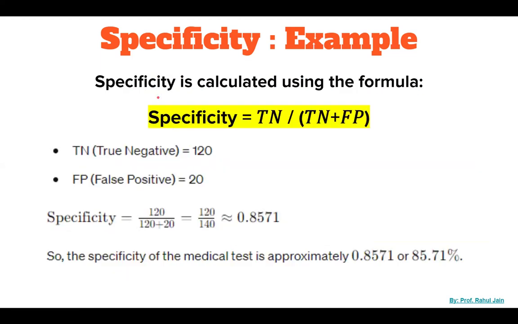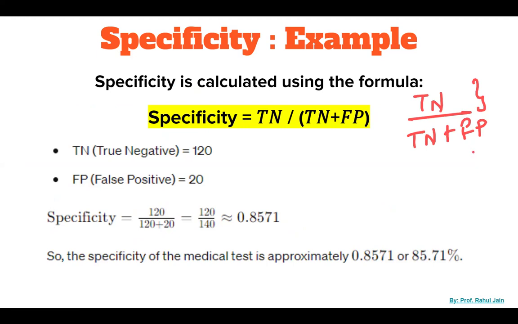So what does specificity say? It is the proportion of true negatives out of true negatives plus false positives, right? So how many tested true negative out of true negative plus false positive. False positives are those considered positive but who don't actually have the disease.